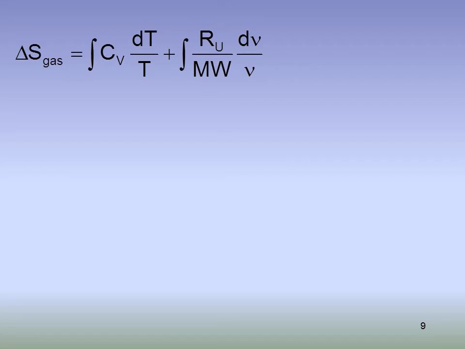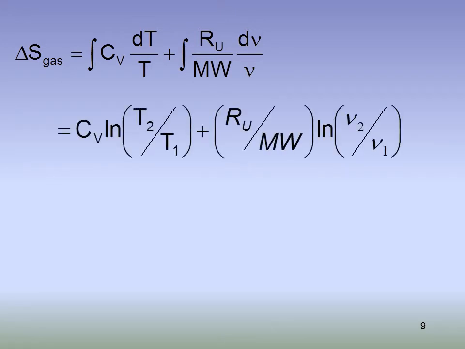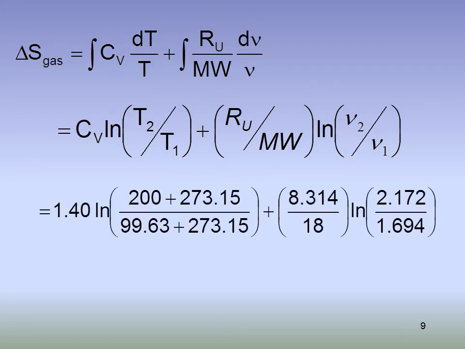We'll take delta S of the gas, now that's become a vapor, equals the integral of CV dT over T plus the integral of R_u over molecular weight dV over V, or that equals CV ln of T2 over T1 plus R over molecular weight ln of V2 over V1. And we'll plug in the values for V1 and V2 and T1 and T2.